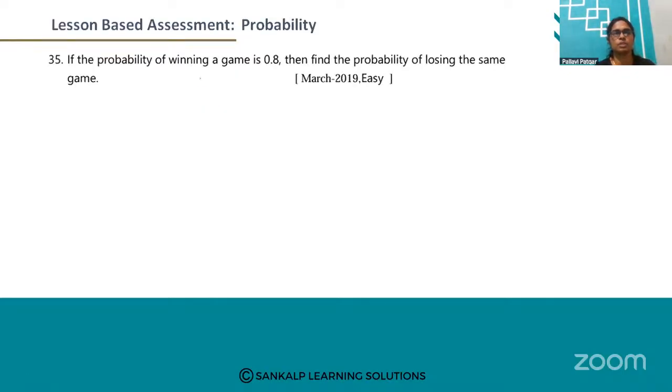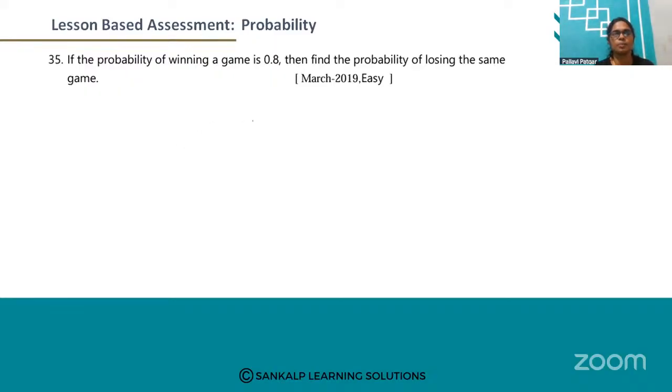Look at the question number 35. If the probability of winning a game is 0.8, then find the probability of losing the same game. In probability, the sum of the probabilities of all the possible outcomes of an event is always 1. There are only two outcomes, winning or losing.